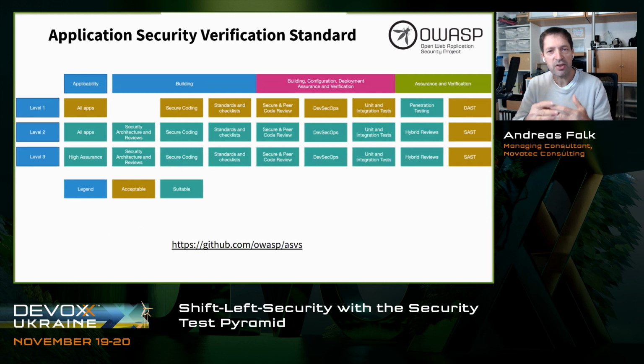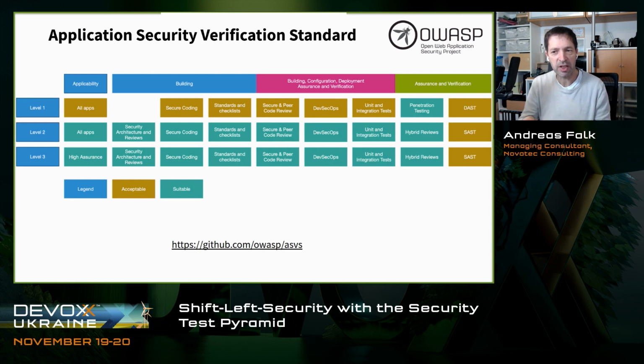So to the Application Security Verification Standard. As you can see, this standard has plenty of different sections. It also defines 3 levels of requirements that you can have for your application. Level 1 is basically the most basic level all applications should have.